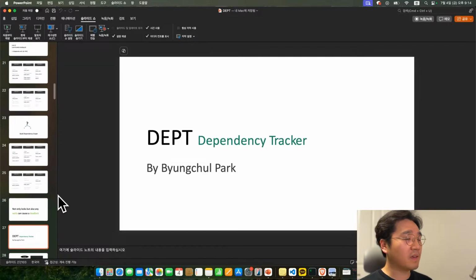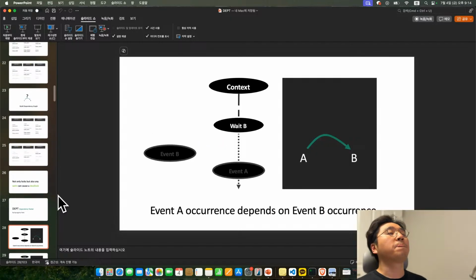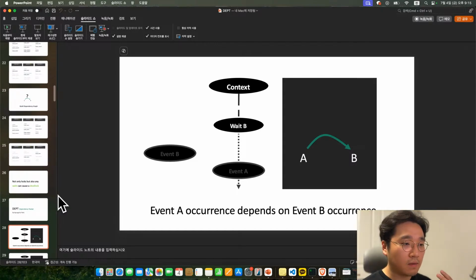So this is the term for DEPT, written by Byungchul. Byungchul defined a new concept for detecting circular dependency in the Linux kernel.